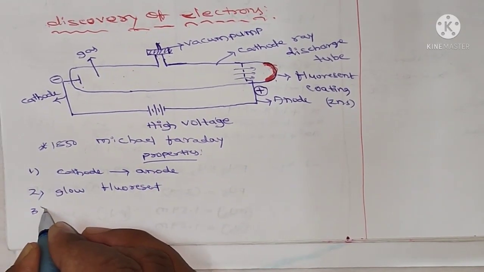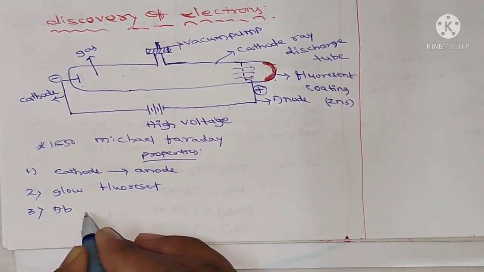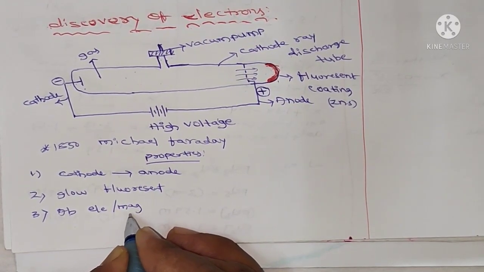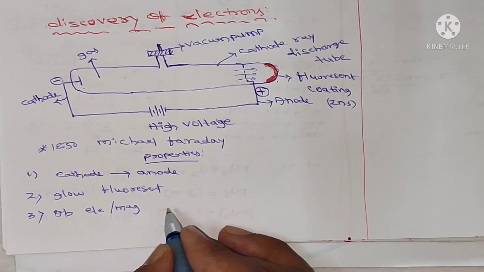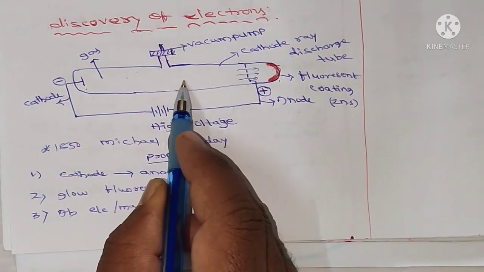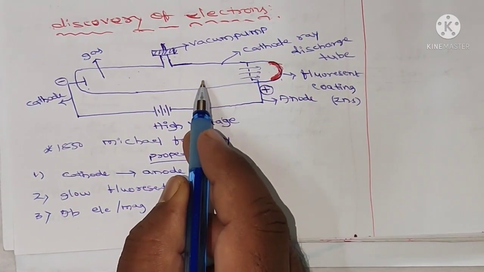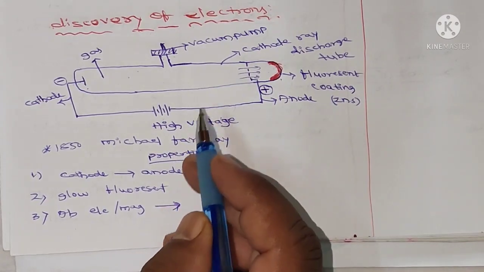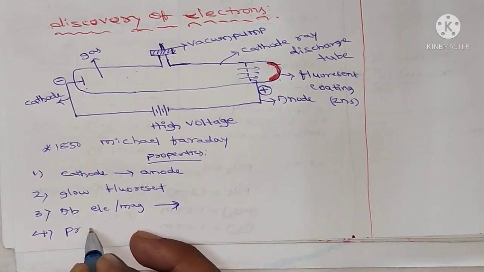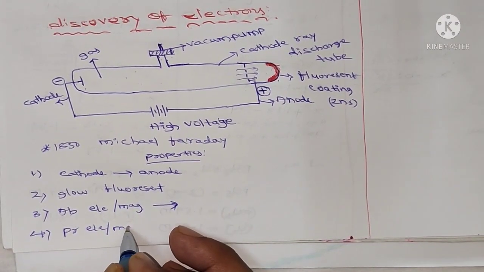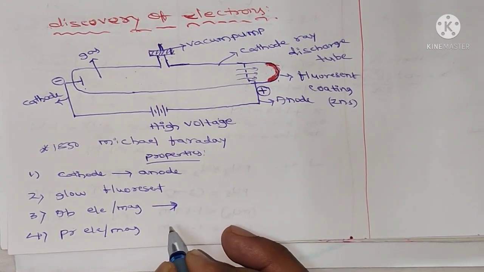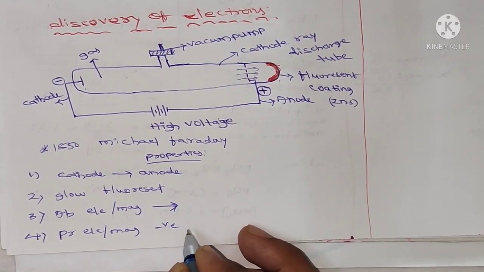In the absence of an electrical or magnetic field, these rays travel in a straight line. In the presence of an electrical or magnetic field, the behavior of cathode rays is similar to that of negatively charged particles.